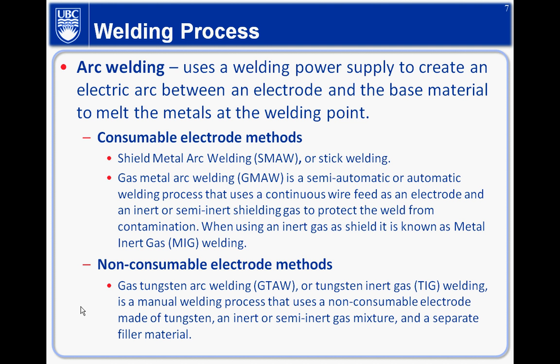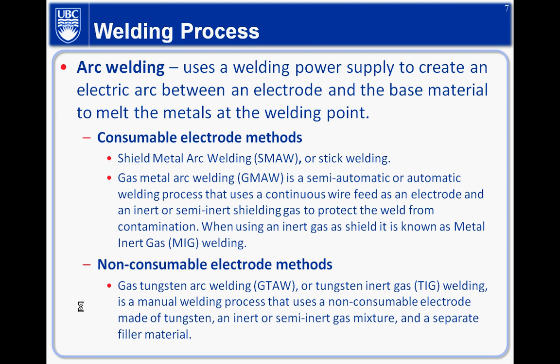And arc welding is where you use a power supply to create an electric arc between the electrode and the parent metal, and the electric arc will cause a very high temperature and cause melting of the metals at a certain point, and then you join those things together. In terms of categorizing this process, we can use the following two. We can either call it consumable electrode methods or non-consumable electrode methods.